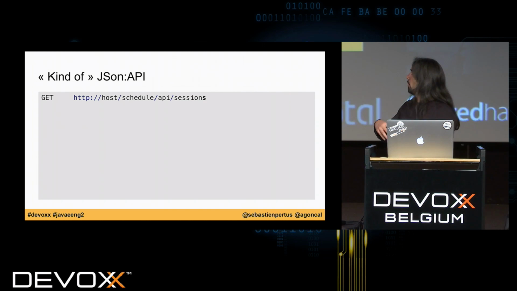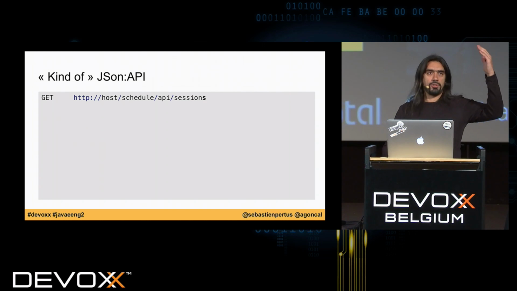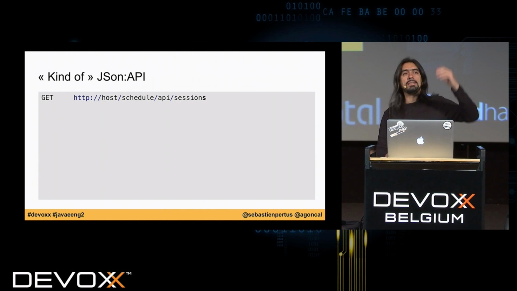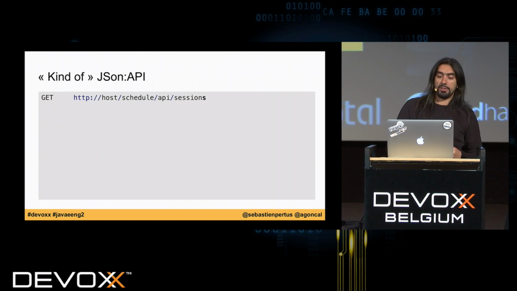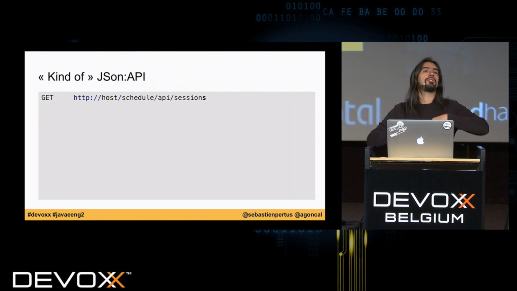So the idea is when you get all the sessions or all the attendees, you put an S at the end of your API. So you have infinite debate about plural and singular. We took the plural approach. When you get this API, it doesn't return the entire data.